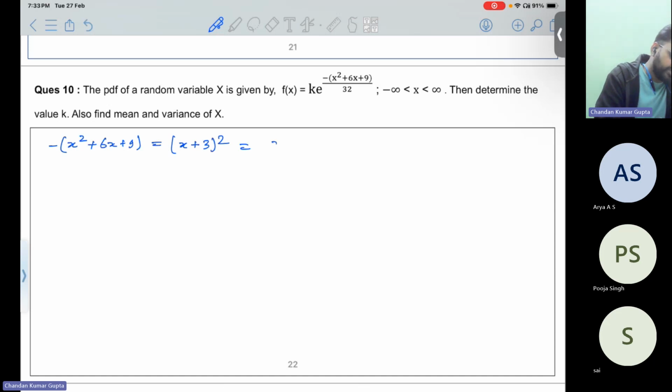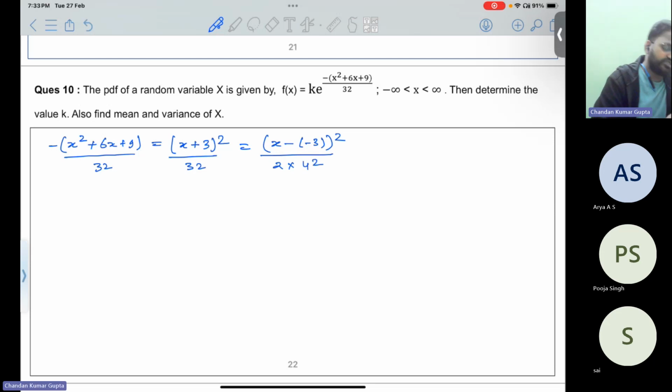This can also be written as (x minus minus 3) whole square. Okay. And 32 can be written as 2 into 16, which is equal to 4 square. We will actually compare this with normal distribution. That's why we will write like this. Okay. So we can write like this.